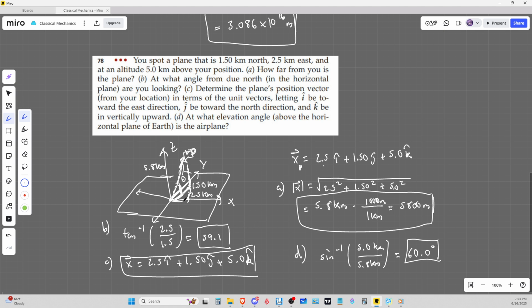Because for measuring this side, if I'm supposed to be at the 0 coordinate, I would think that 2.5 would be at the bottom and 1.5 would be on top, because that's basically the north.